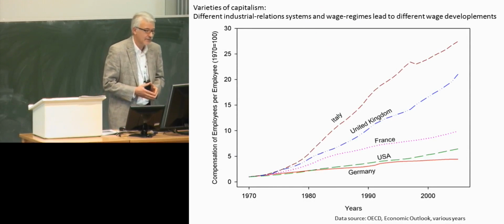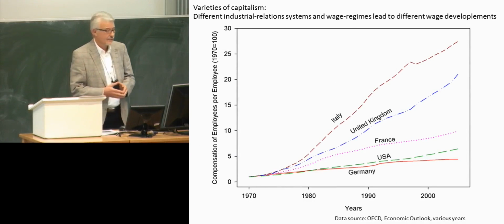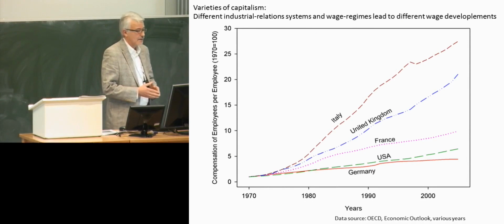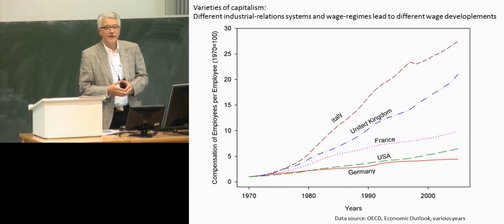Let's go first to the varieties of capitalism. The Greek capitalism is very different to the German one. There are different industrial relation systems and wage regimes that lead to different wage developments.